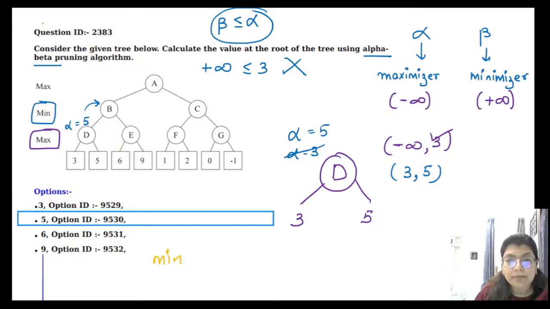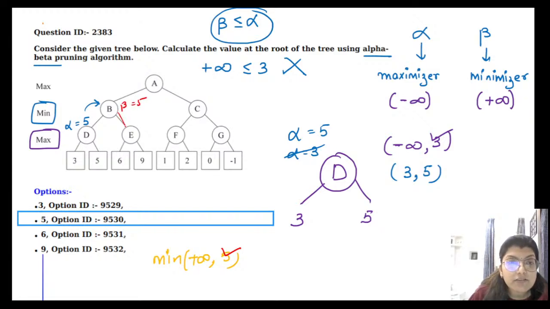Plus infinity या 5? 5 is minimum? Yes? So यहाँ पे for now the value of beta is 5.